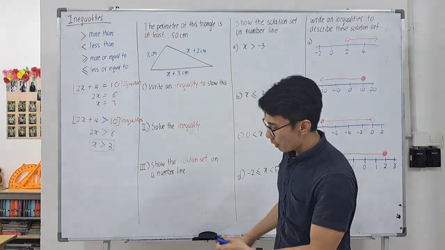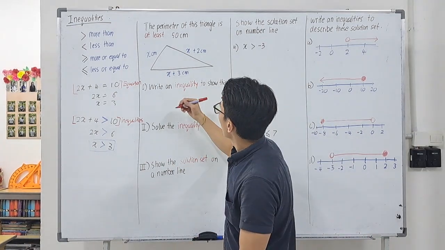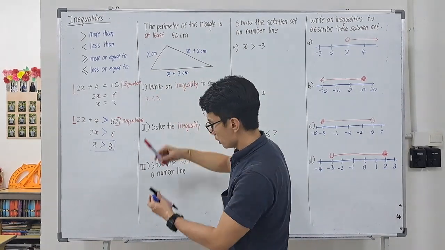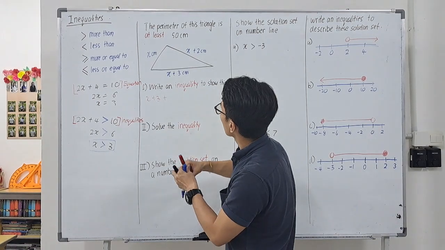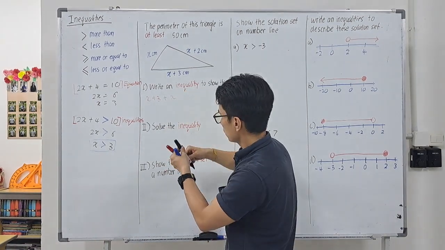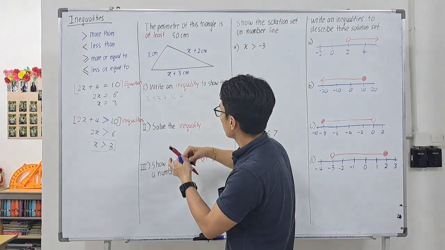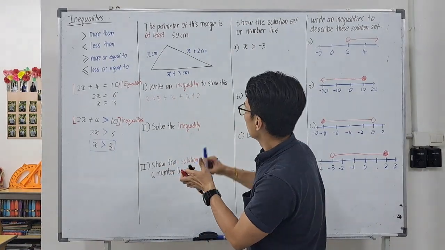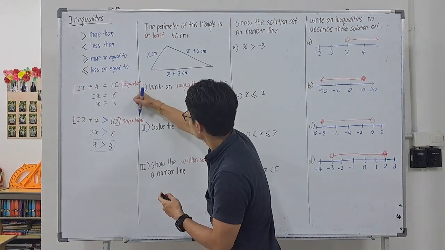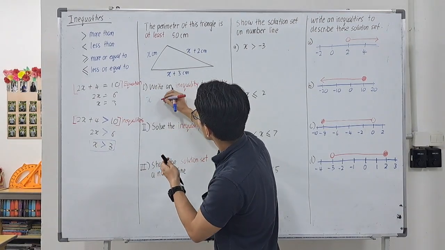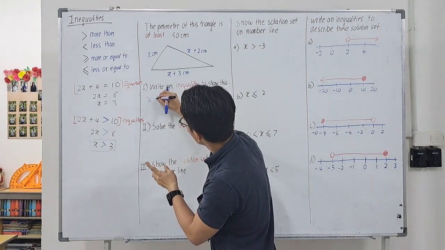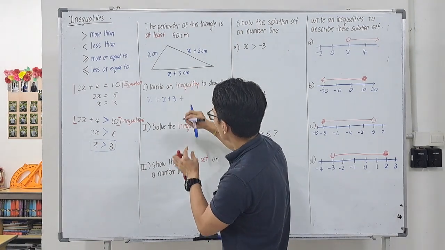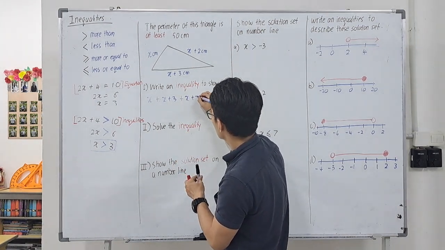So I want to write a perimeter expression. I will add all 3 sides. That's going to give me x plus 3, and I will add that with x, and then I will add that with x plus 2. So x plus x plus 3 plus x plus 2.